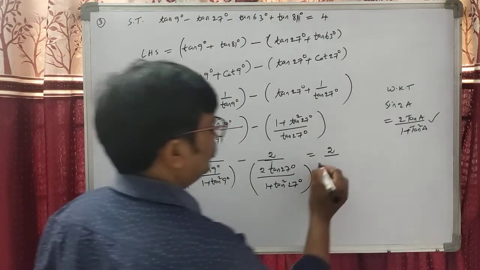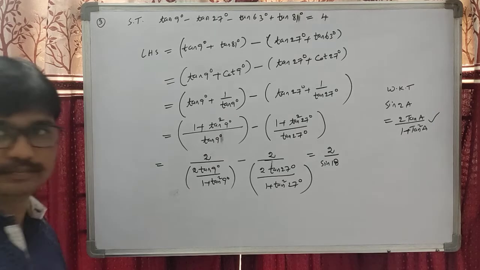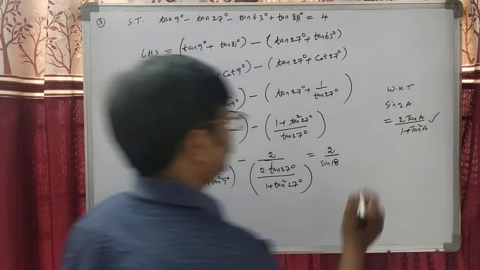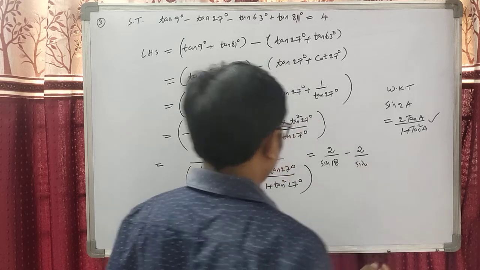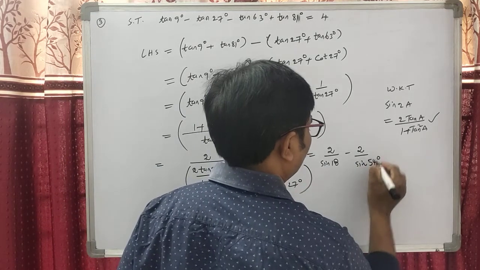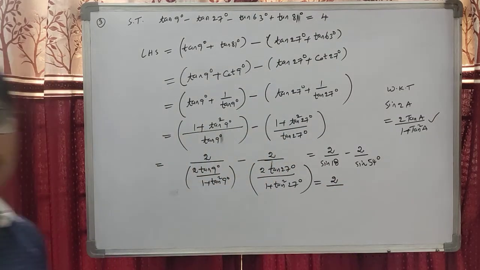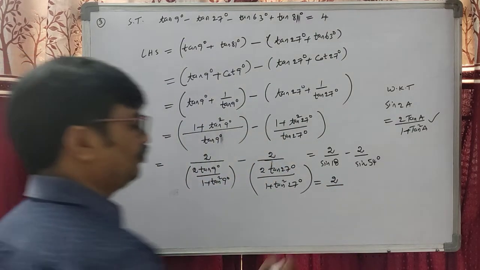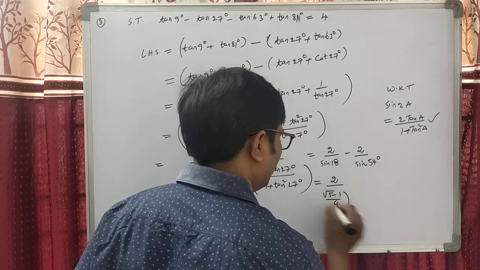This we can write as sin 2a, and sin 2a means sin of 18 degrees. After that, minus 2 into sin of 2a, 2 into 27 is 54 degrees. Dear students, the value of sin 18 degrees is root 5 minus 1 by 4.